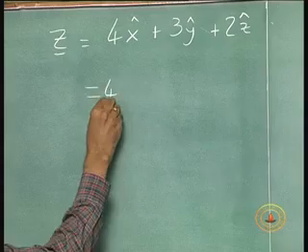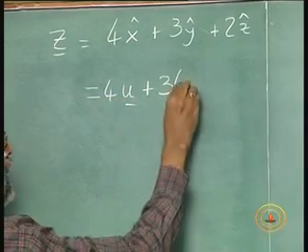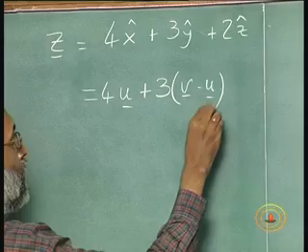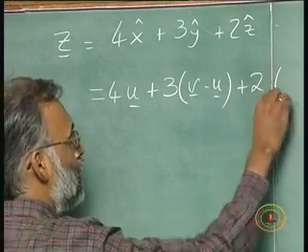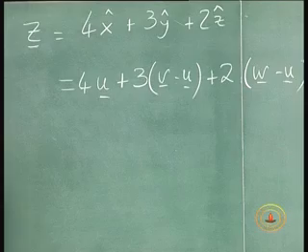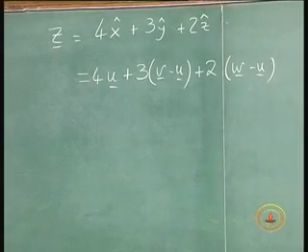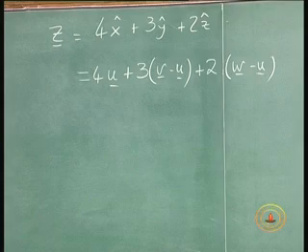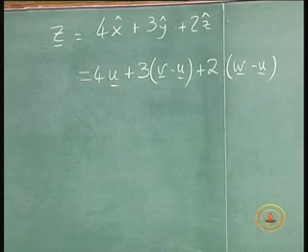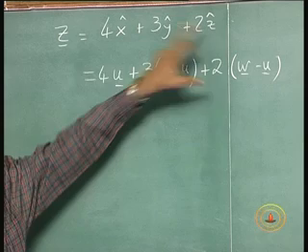So, it is 4 u plus 3 times v minus u plus 2 times w minus u. All right. All I have done is I have taken these expressions and substituted for x hat, y hat and z hat.